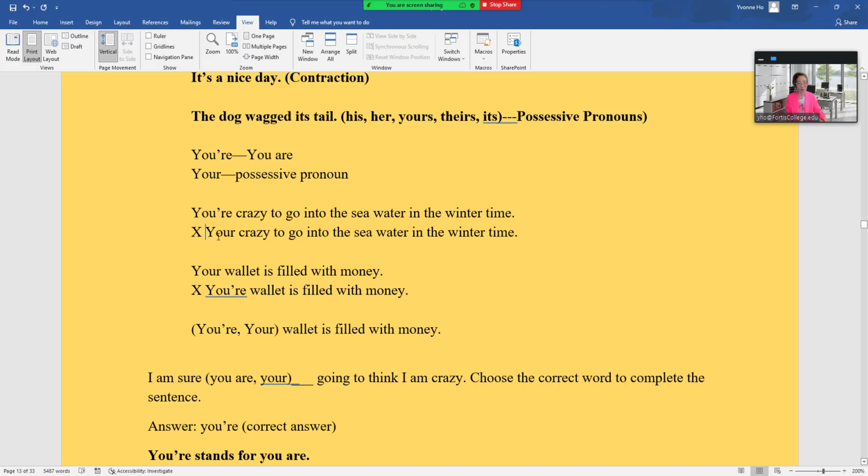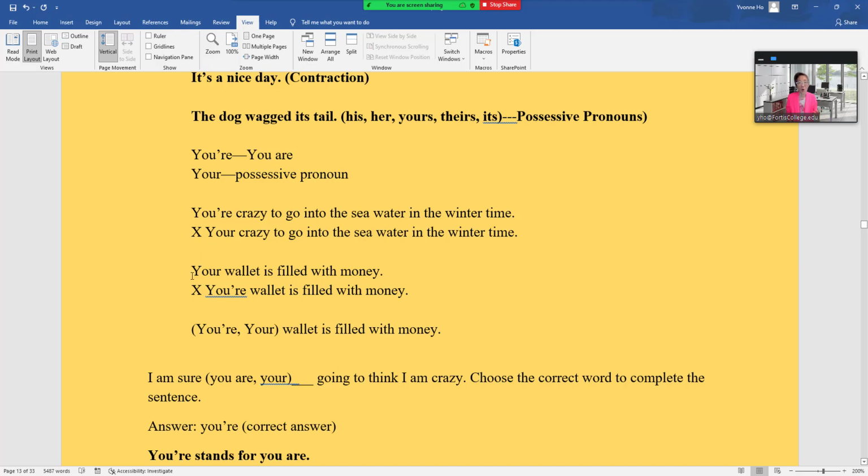Whereas the word your, Y-O-U-R, is a possessive pronoun showing possession: your desk, your pencil, your paper. So that becomes somebody's something. Somebody owns it. So here it's you are crazy.